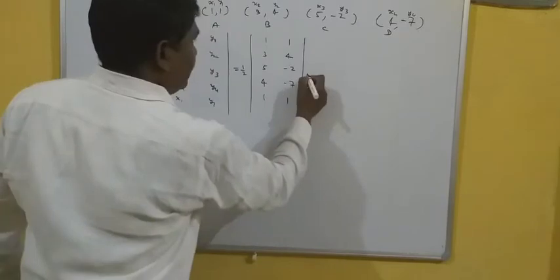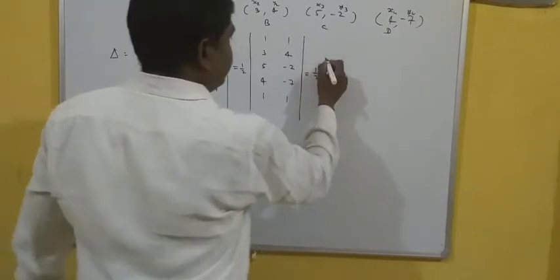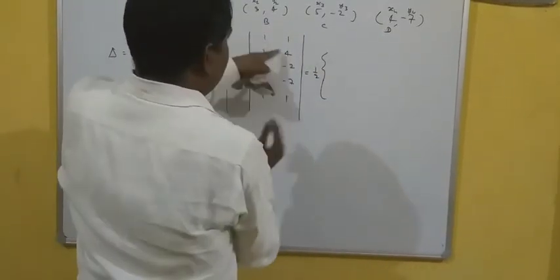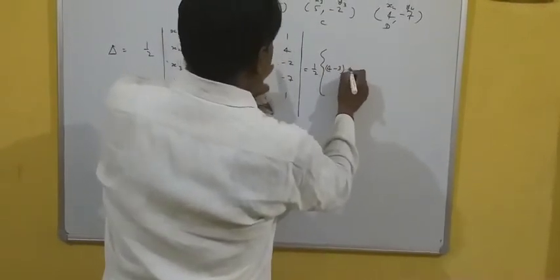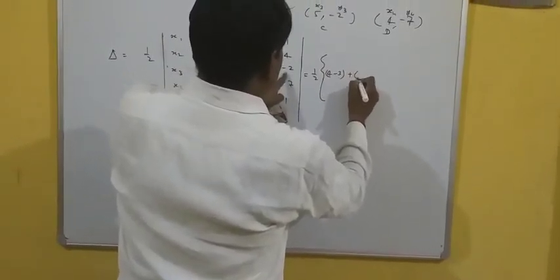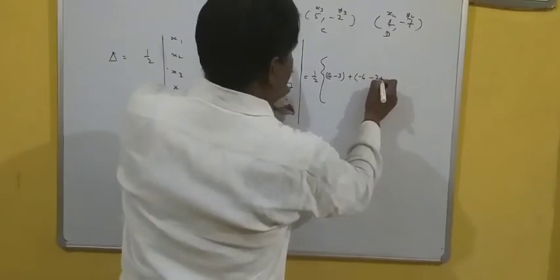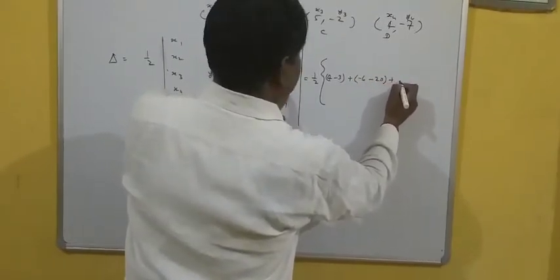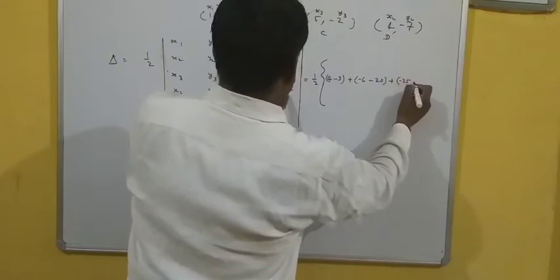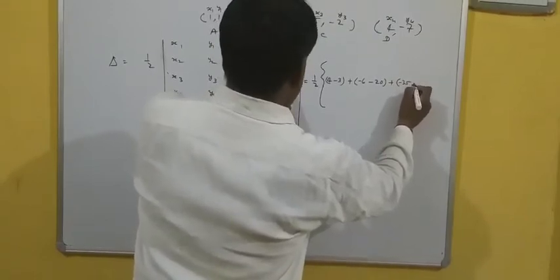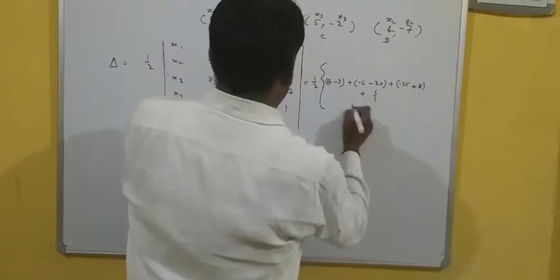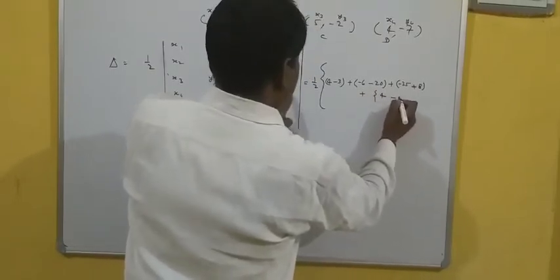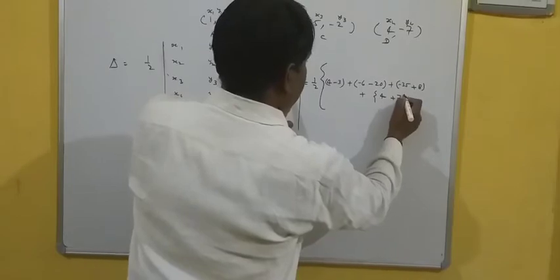So calculation is 1 by 2, 1 into 4 minus 3 into 1, 3 plus 3 into minus 2 minus 6 minus 20 plus 5 into minus 7 minus 35 and minus plus 8 and thereafter plus 4 into 1, 4 minus plus 7.